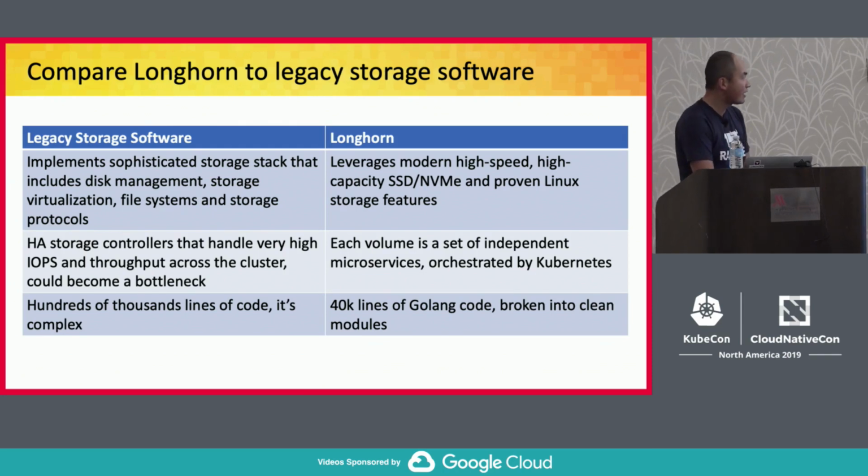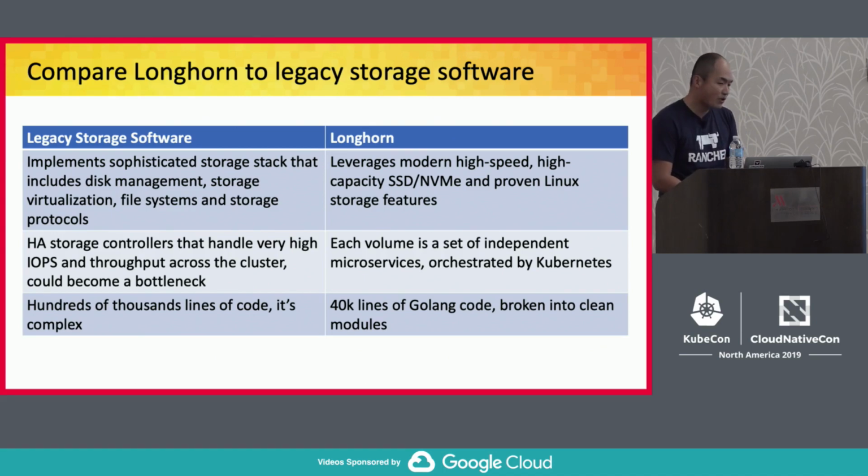There's one point we know: legacy storage software tends to have very complex logic to create a very high availability storage controller to handle very high IOPS and throughput across the cluster. That could be a bottleneck if you have too many nodes and too much traffic in your cluster. In Longhorn, we follow the microservice pattern, and each volume is in fact a set of independent microservices orchestrated by Kubernetes.